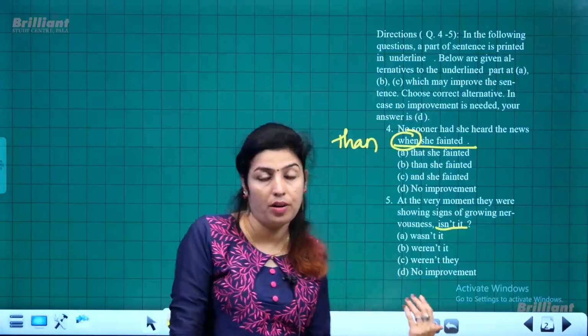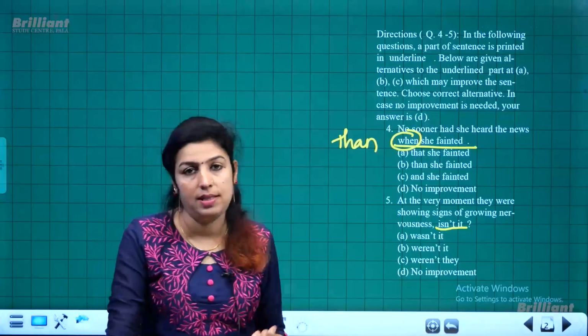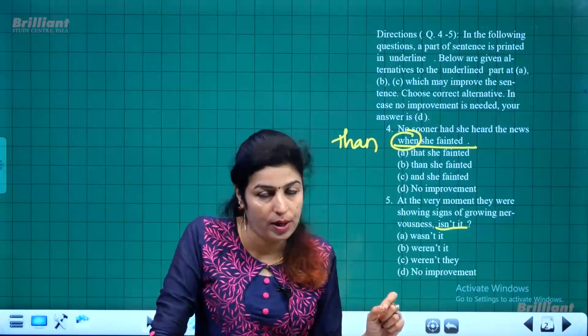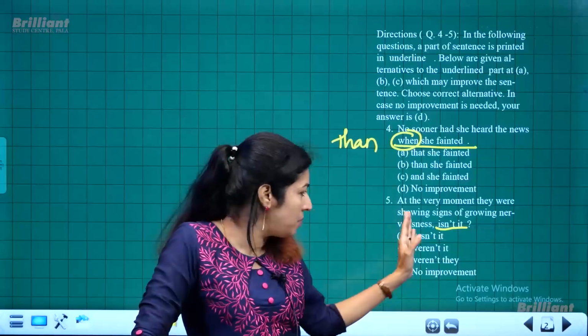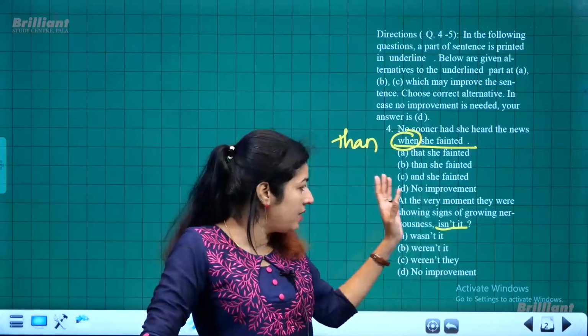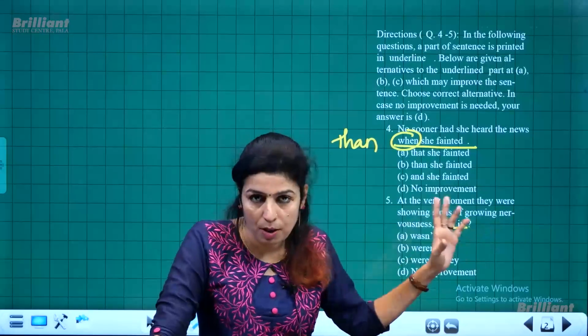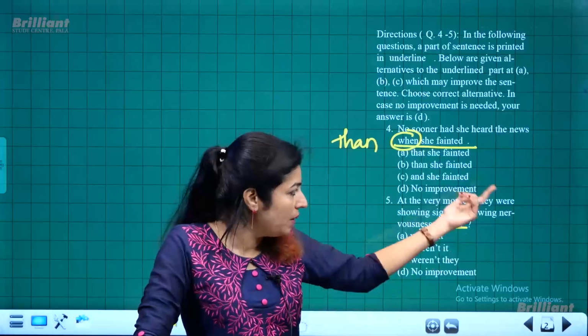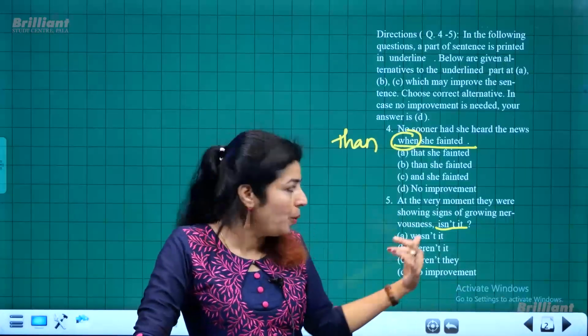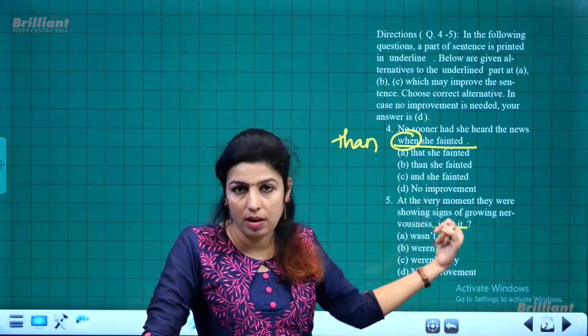Actually, what type of question is it? It's a question tag. And what are the rules of question tags? When the statement is positive, the tag should be negative, and if the statement is negative, the tag should be positive, and whatever verb is given in the statement, with that verb you need to form the tag question.